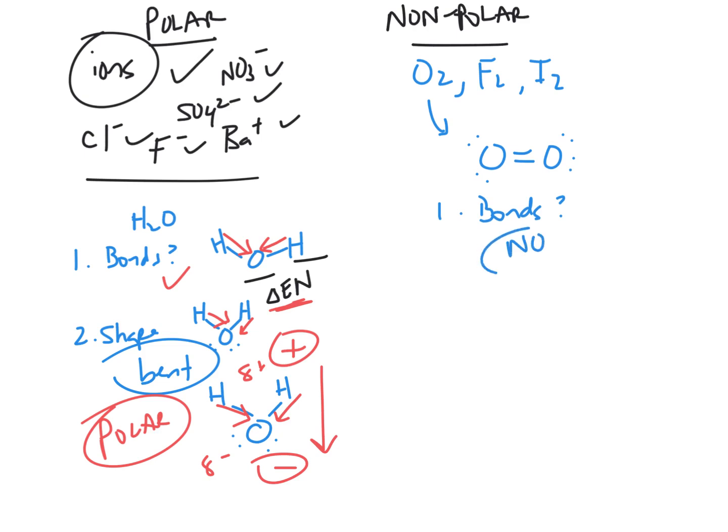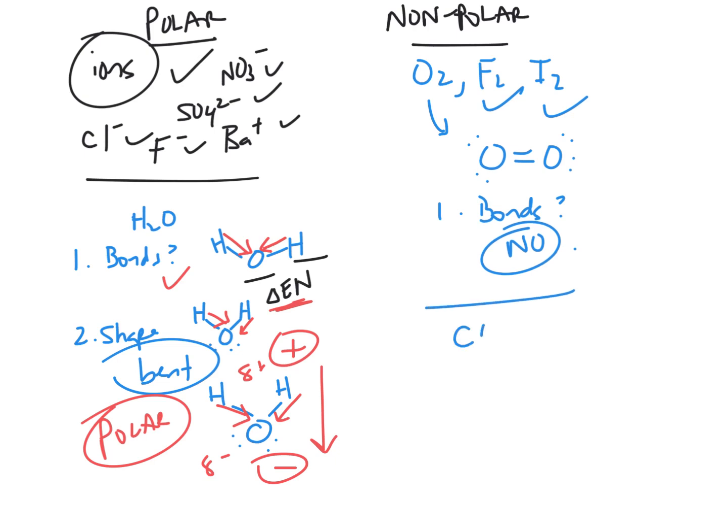No, they're not. So forget about it. There's only one bond in there, an oxygen-oxygen double bond. Oxygen and oxygen are the same atom, so there's going to be no difference in electronegativity, so there's no polarity, so you can forget about it. Same with F2 and I2. The bonds don't have polarity, so they're non-polar.